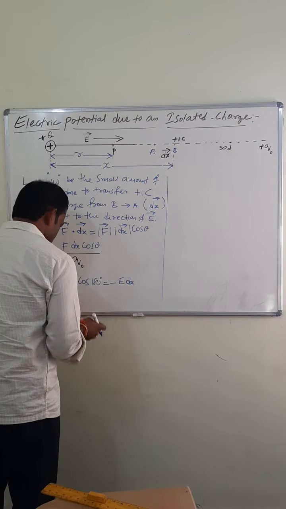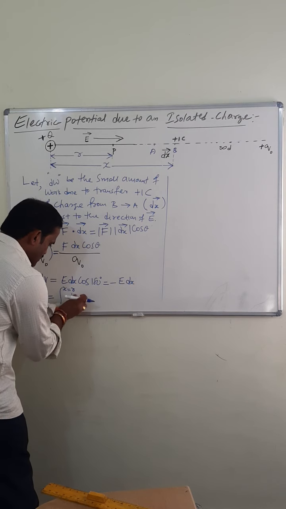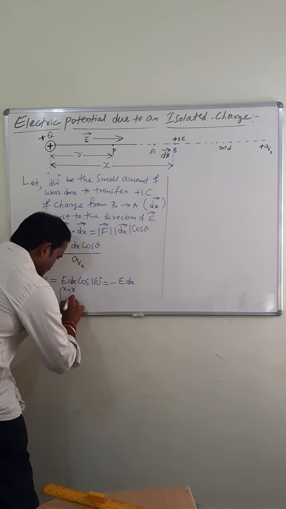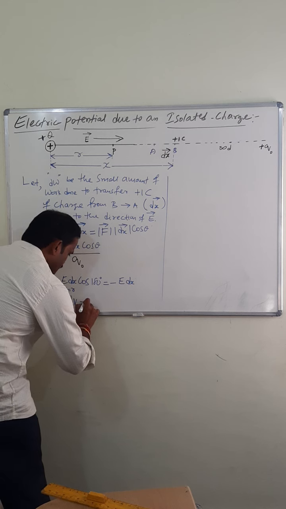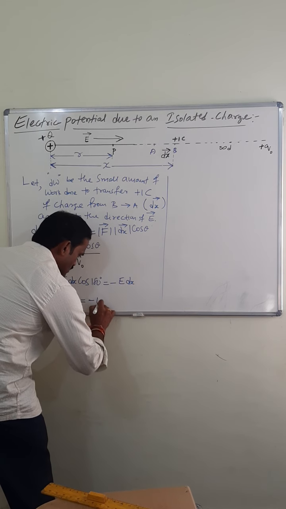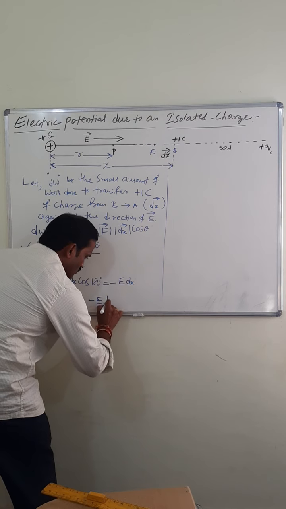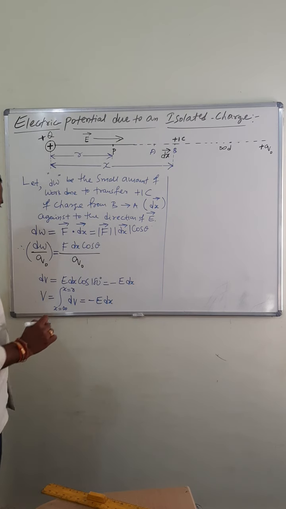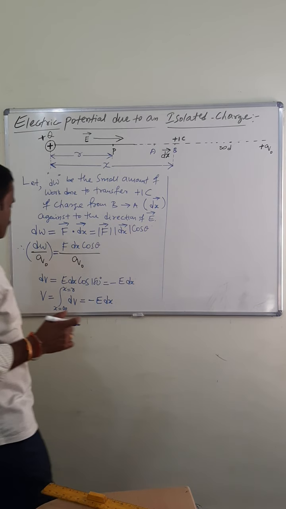What is dV here? dV is minus E into dx. This is the total potential at a given point.